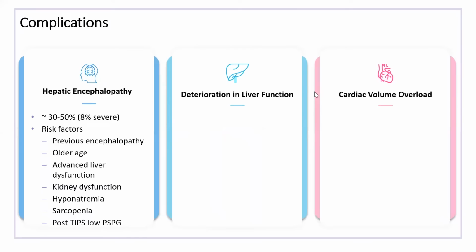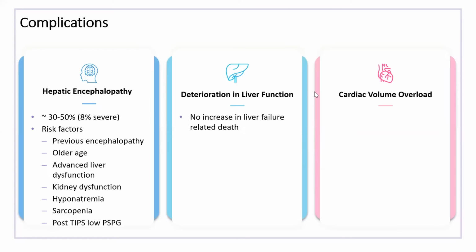The risk factors for encephalopathy are not very different from other indications. If the patient has had previous encephalopathy, if they're older, if there's advanced liver dysfunction, kidney dysfunction, hyponatremia, sarcopenia, and if the post-TIPS portosystemic pressure gradient is very low. And these are the risk factors for encephalopathy, and it's the commonest complication of TIPS.